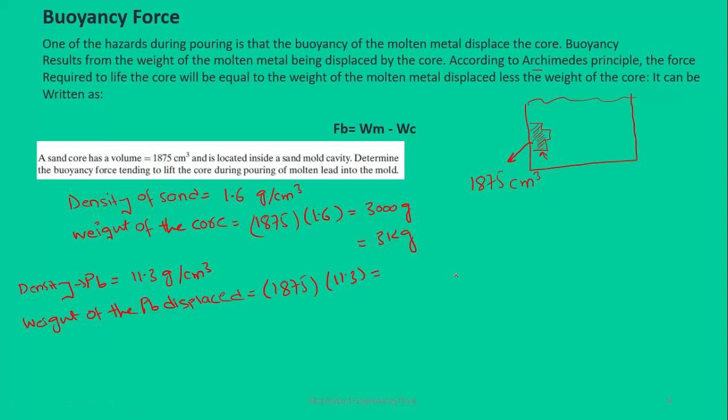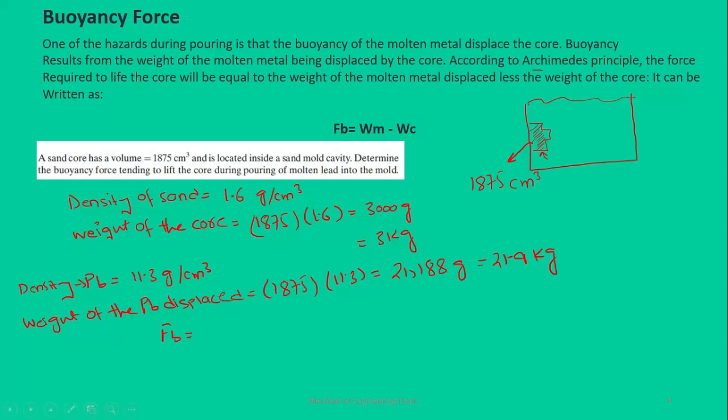So we will have the value of 21188 grams, or we can write it as 21.9 kilograms. So the difference between them will be the buoyancy force.